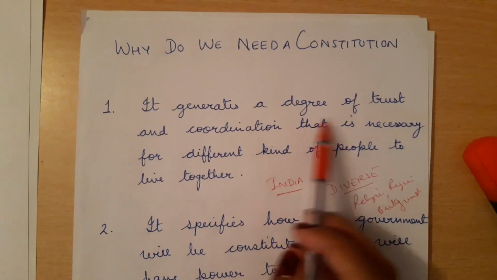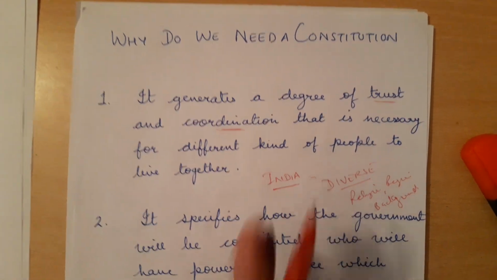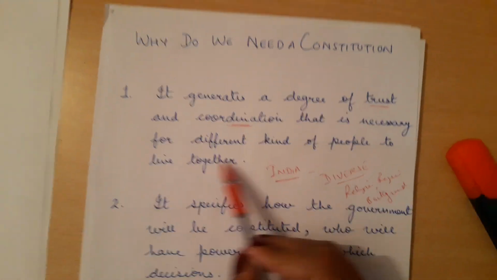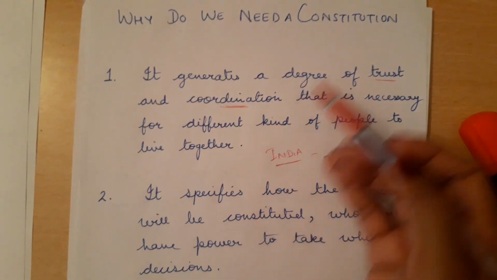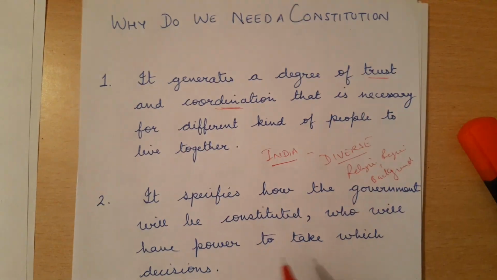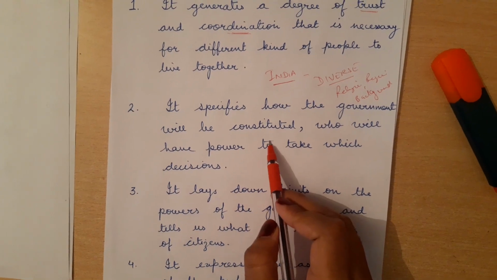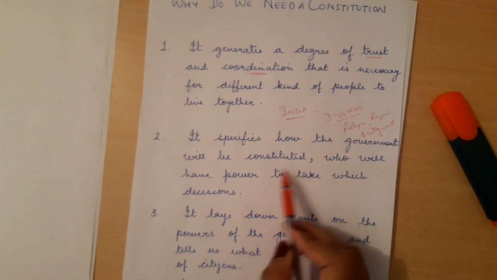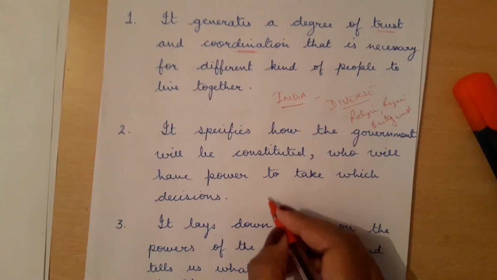So a degree of trust should be there. Coordination, the way the people work, should be coordinated, balanced. That is necessary for different kinds of people to live together. So for this coordination, the constitution is needed. Second, it specifies how the government will be constituted, who will have power to take which decisions. This distribution of powers is very important. Who are the heads? What limits are there?